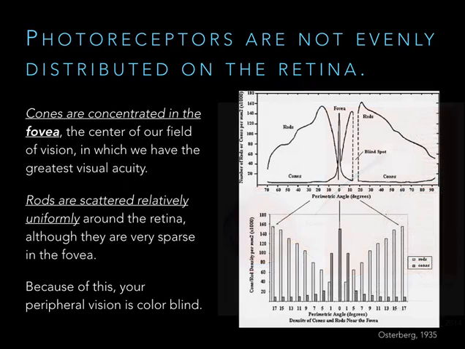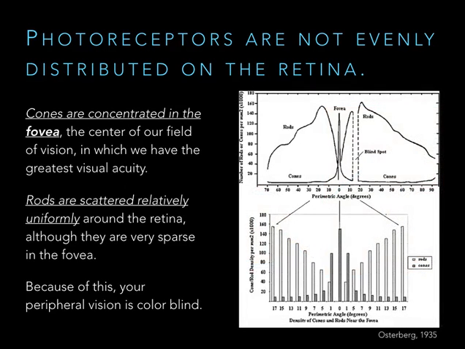If you were to take a moment and count all of the rods and cones in the retina, which was done here back in 1935, what you'll find is that cones are at the greatest concentration in the fovea. If you look at the x-axis, you're looking at the angle away from the center of vision, so 0 right there in the center, that's your fovea, and you'll notice the cones have a nice spike right there.